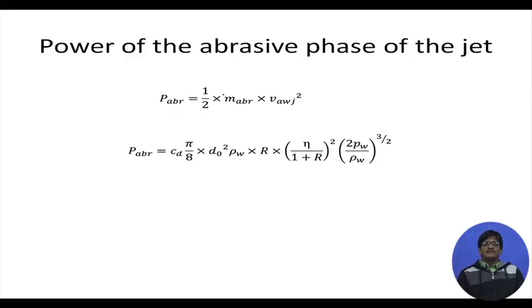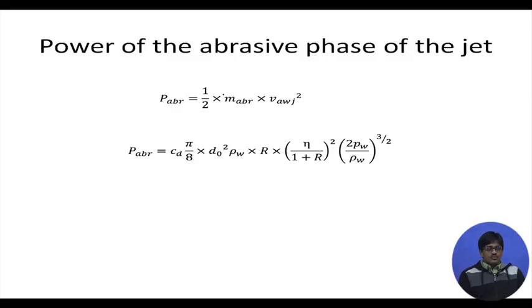And now we are talking about the power which is contained by the abrasive phase of the jet only, and ultimately you will find we will be able to relate the power of the abrasive phase of the jet to the power of the water jet. Okay. We can show that it is proportional.